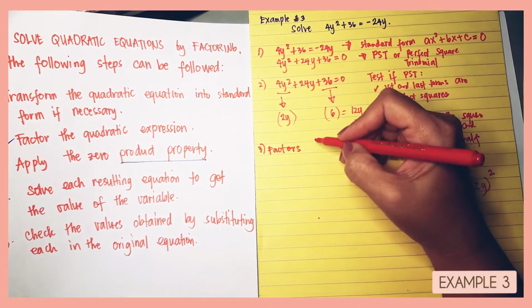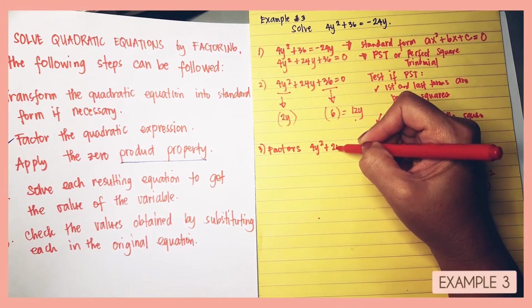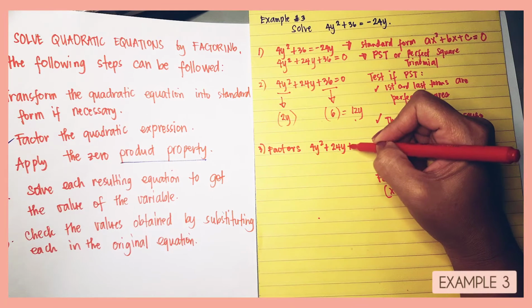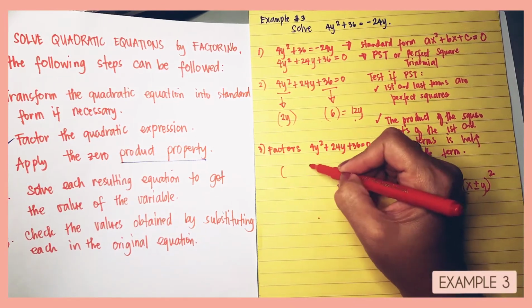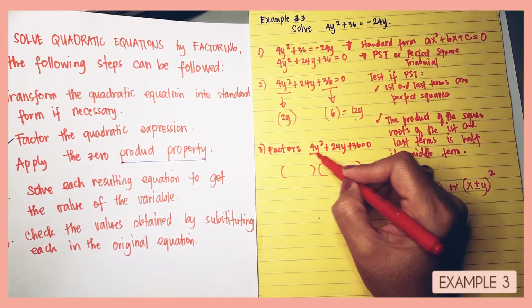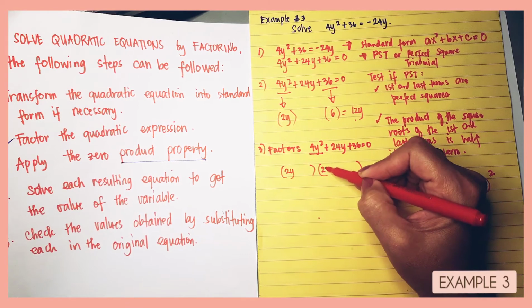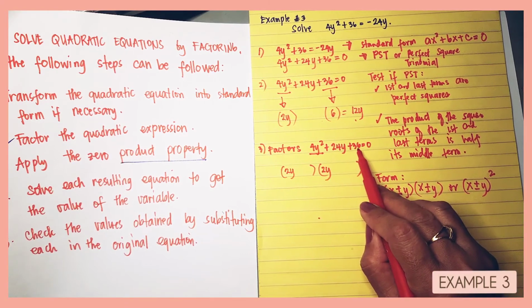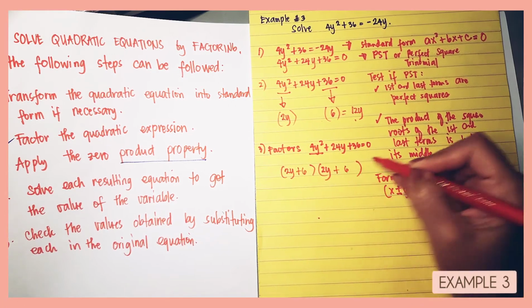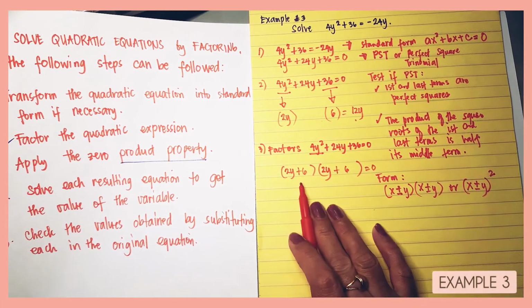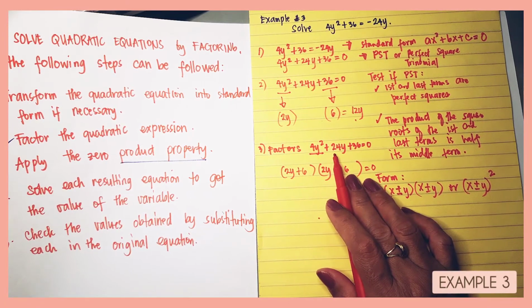So the factors of 4y squared plus 24y plus 36 equals 0 would be, the square root of 4y squared is 2y, and the square root of 36 is 6. So these are the factors of the perfect square given.